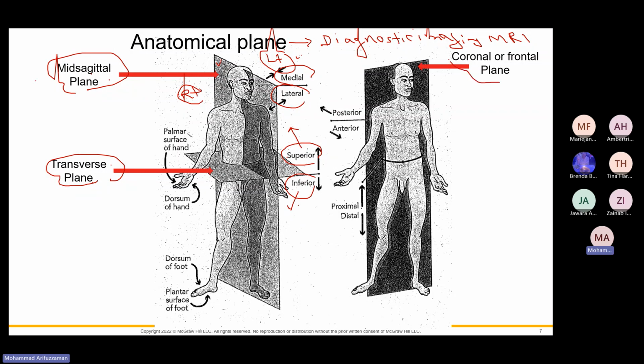And the coronal or frontal plane divides the body into anterior and posterior. Anterior means the front and posterior means the back. These anatomical planes are frequently used in diagnostic imaging and surgery. So very important: midsagittal, transverse, and coronal or frontal.